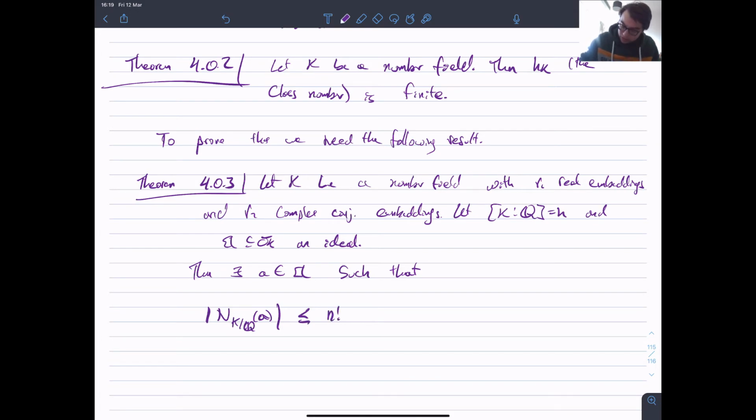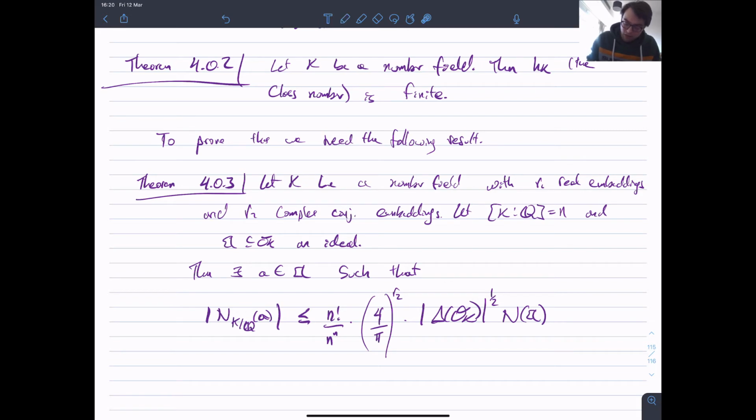It's n factorial over n to the n, times 4 over pi, yes, this is pi as in 3.14 and so on, to the power of R2, times the absolute value of the discriminant of your field to the half. So you take the absolute value and take the square root, times the norm of your ideal A, the norm of the ideal that we took. So there exists some a in the ideal such that the norm of a is smaller than this quantity.